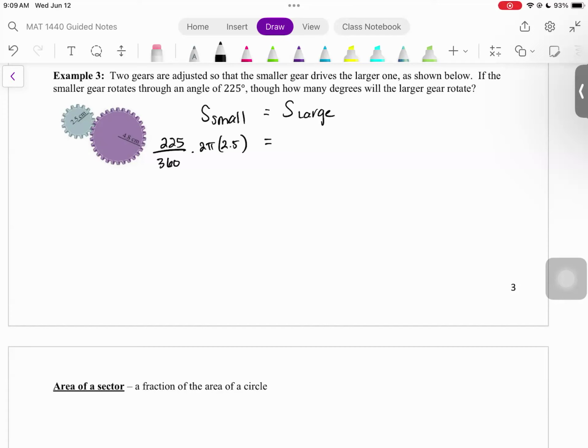This arc length is equal to the arc length of the large gear, which we don't know what theta is. But we're going to keep it in terms of degrees because our first angle was in degrees. So theta over 360 times 2 pi times the radius of the large gear, which is 4.8 centimeters.